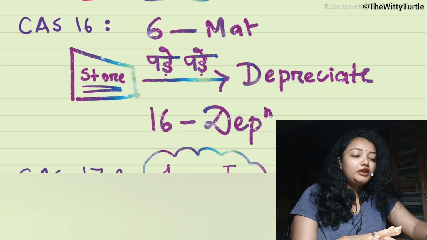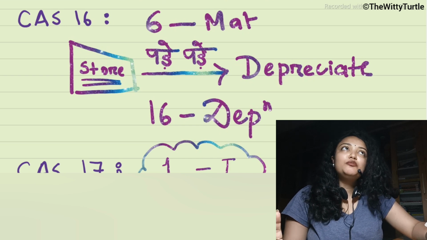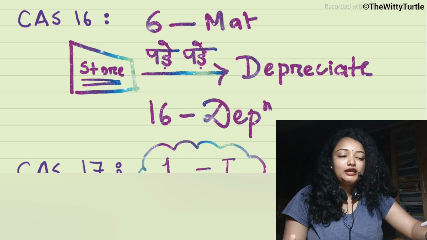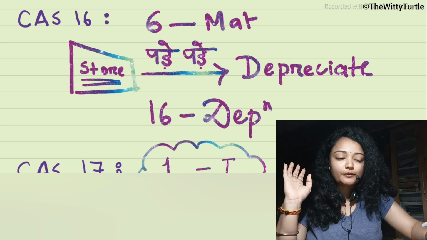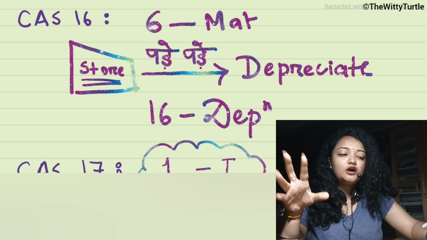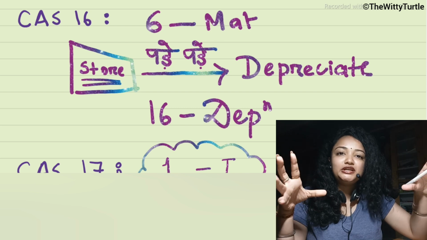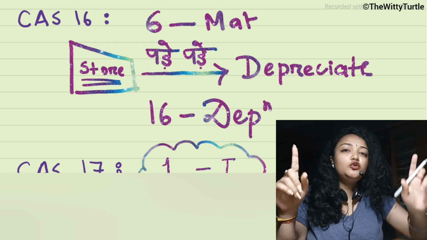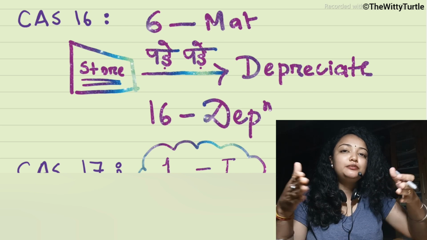Now coming to the next one, CAS 16, right? Before going ahead, let's revise CAS 6. 6 is your material cost. Now the material cost we have kept in the store, right? We have kept the materials in the store. If we don't use that material, then that will start depreciating.